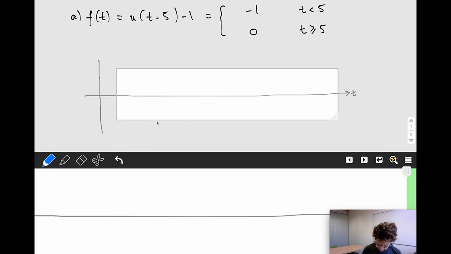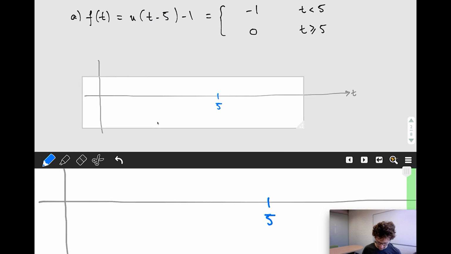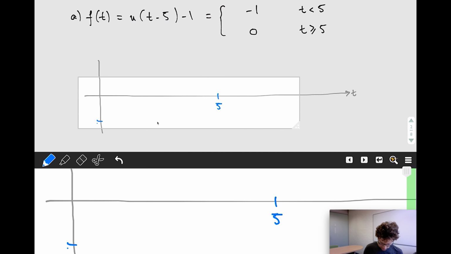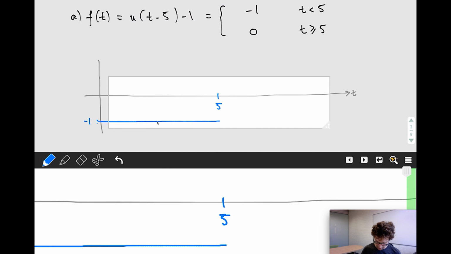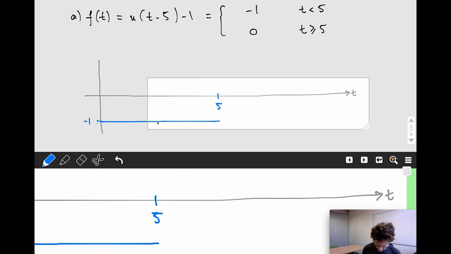So let's put 5 right here. For values of t less than 5, this function is going to have the value minus 1. And for values of t greater than 5, it's going to have the value 0. And we can put a little arrow there to indicate that that value 0 is continuing off to infinity.